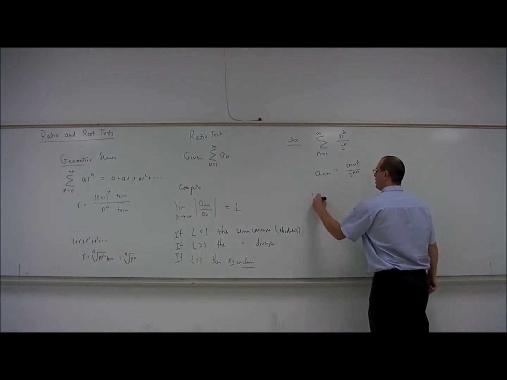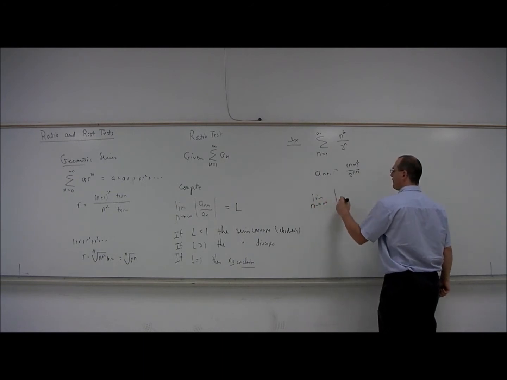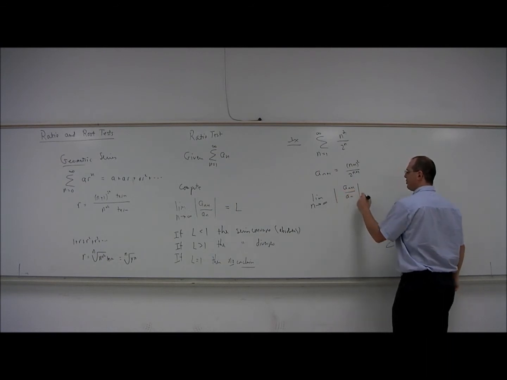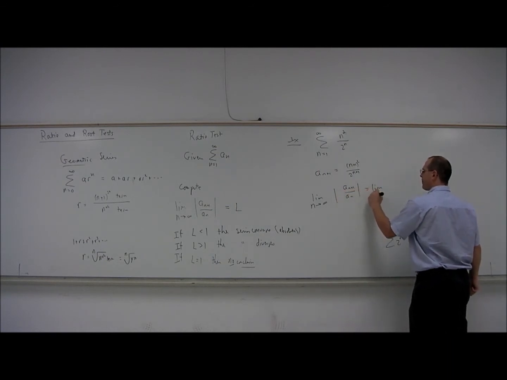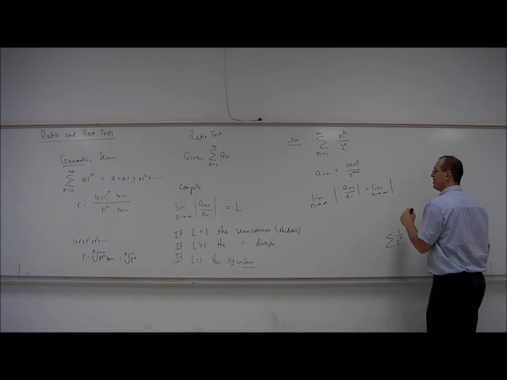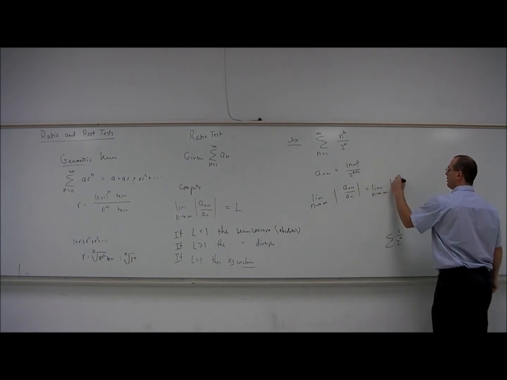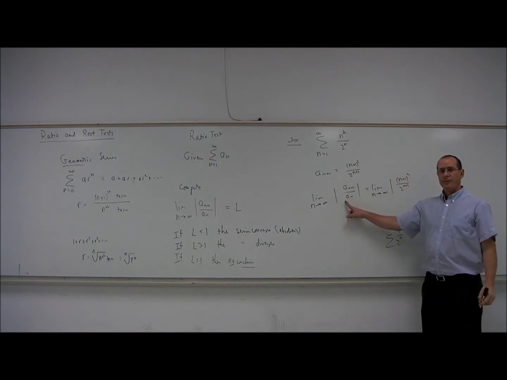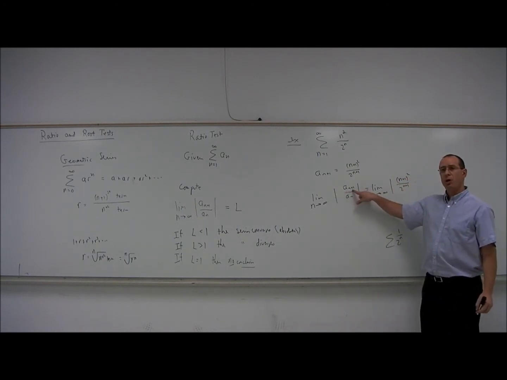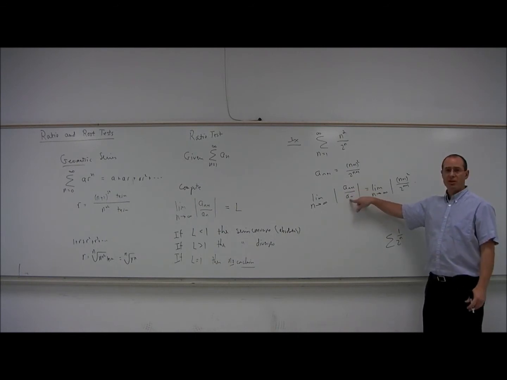So now let's do the ratio test. The limit as n goes to infinity of the absolute value of a sub n plus 1 over a sub n. a sub n plus 1 is here, n plus 1 squared over 2 to the n plus 1. And then I'm going to think of this as being a sub n plus 1 times the reciprocal of a sub n.